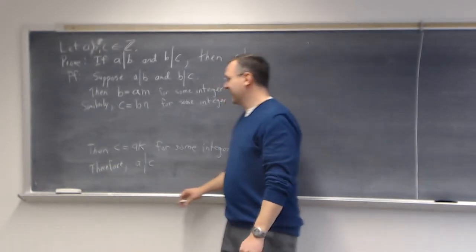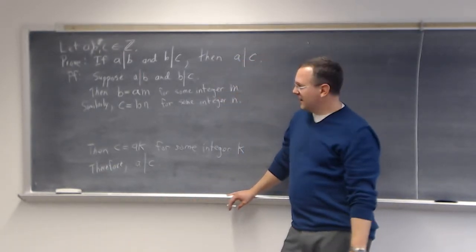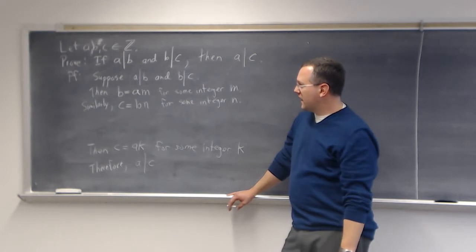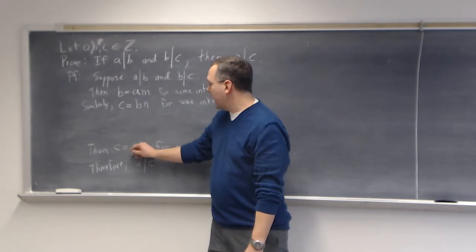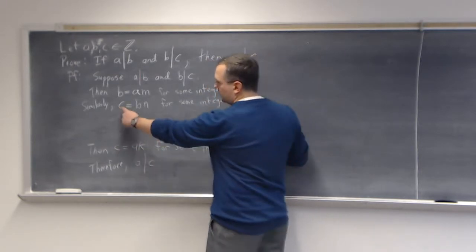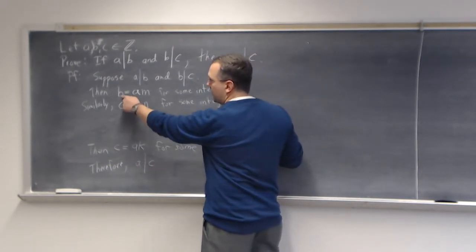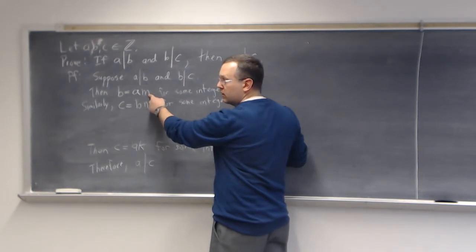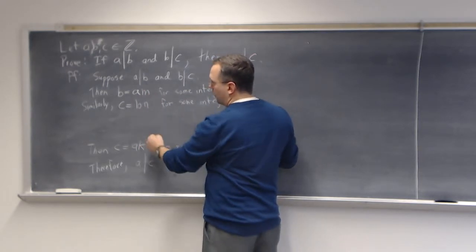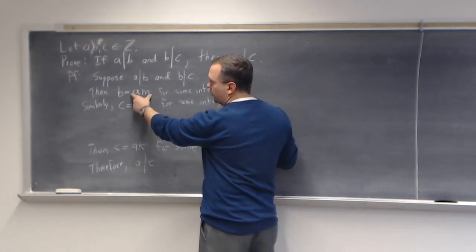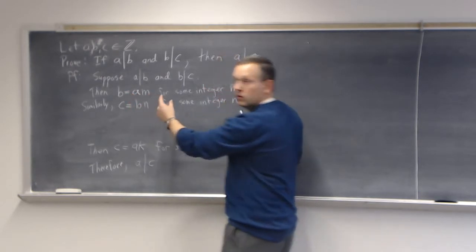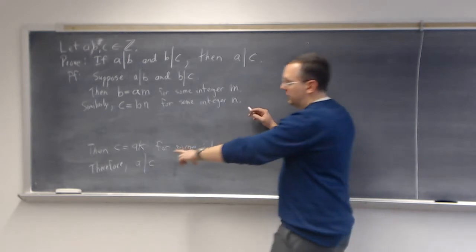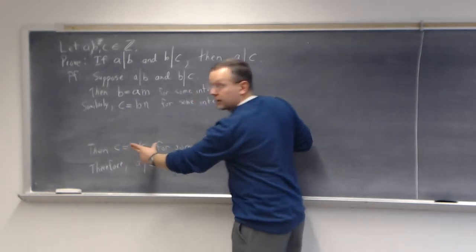Substitute for B. Yeah, so we need to get an equation involving the letters C and A. Well, you have C equals B times N, and you have B equals A times M. So you see, by a substitution, if I replace B with A times M, that'll get me looking like this.